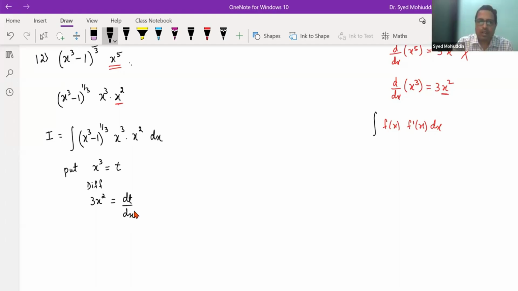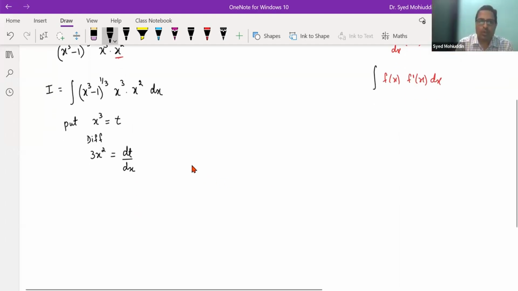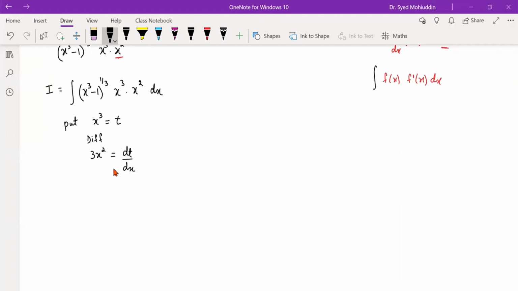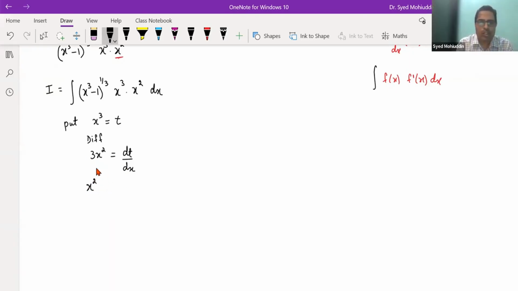What you require here is x square into dx. So dx goes to the other side and 3 goes to the other side. Therefore x square dx is equal to dt, and cross multiplying, the 3 on the other side becomes divided by 3.